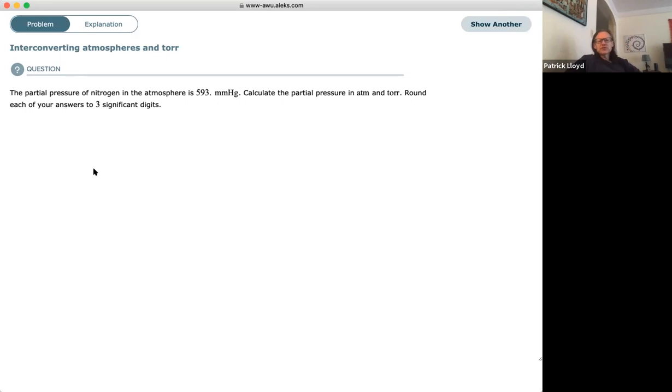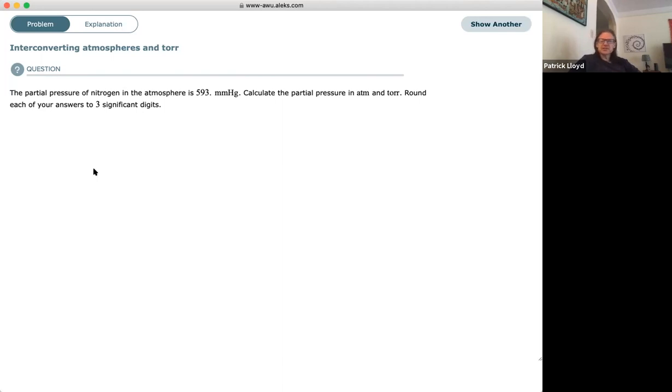The partial pressure of nitrogen in the atmosphere is 593 millimeters of mercury, right? mmHg. And typically people don't put a space between the second M and the H for mercury. I'm not sure why. Because it's, I guess, 1 unit. So you wouldn't want to put a space if it's just 1 unit. So there's your pressure in millimeters of mercury. But remember, the millimeter of mercury is the same thing as a torr.